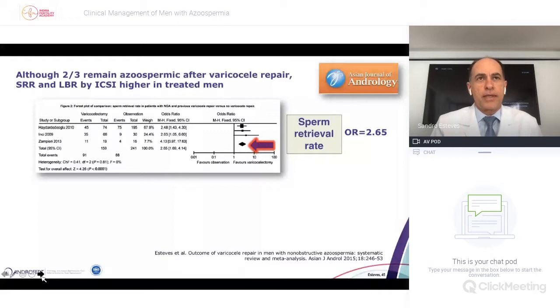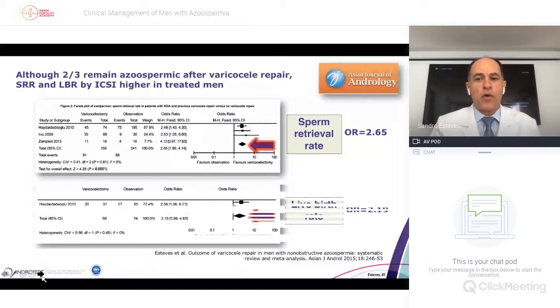Despite that, the varicocele repair by microsurgical varicocelectomy could actually increase the odds of sperm retrieval. So sperm retrieval rates among patients who have gone through microsurgical varicocele repair before the sperm retrieval were increased in the studies comparing this outcome.